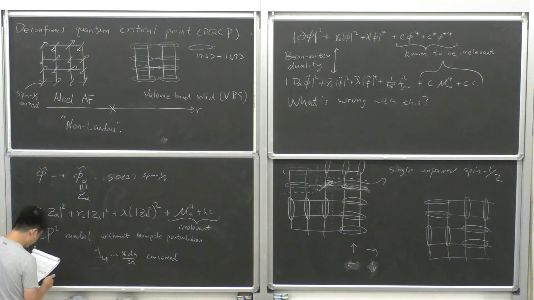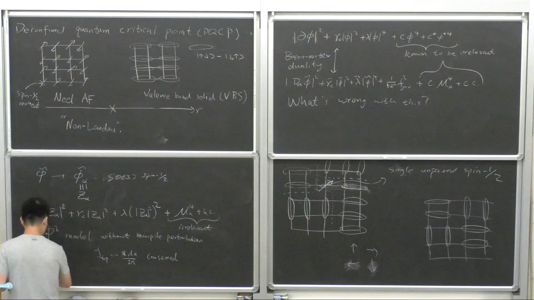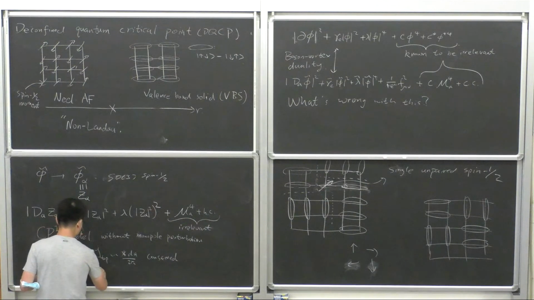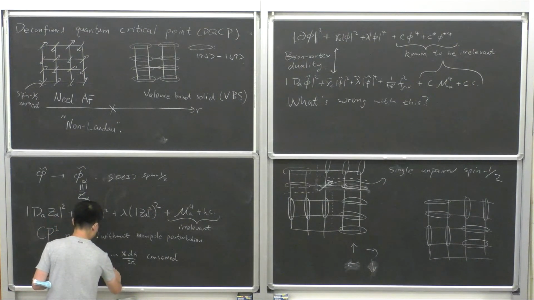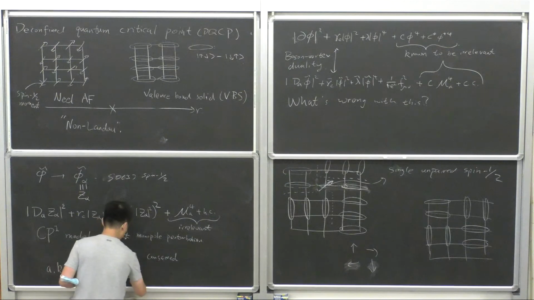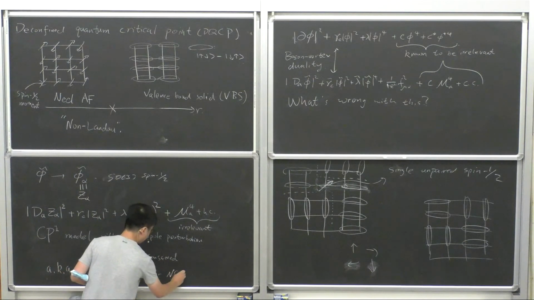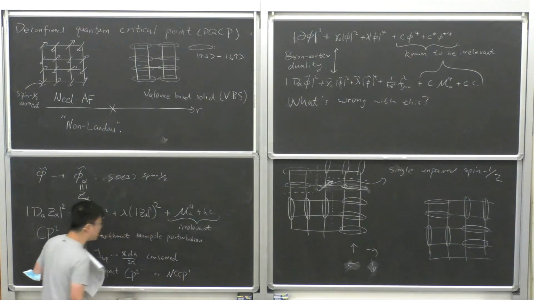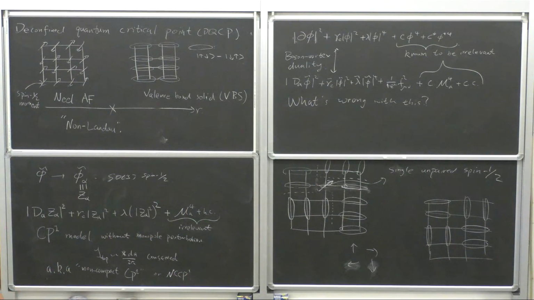So in the literature, this is sometimes called, somewhat confusingly, non-compact CP1, or just NC-CP1. Non-compact is just a shorthand way to say you don't have monopole perturbation.